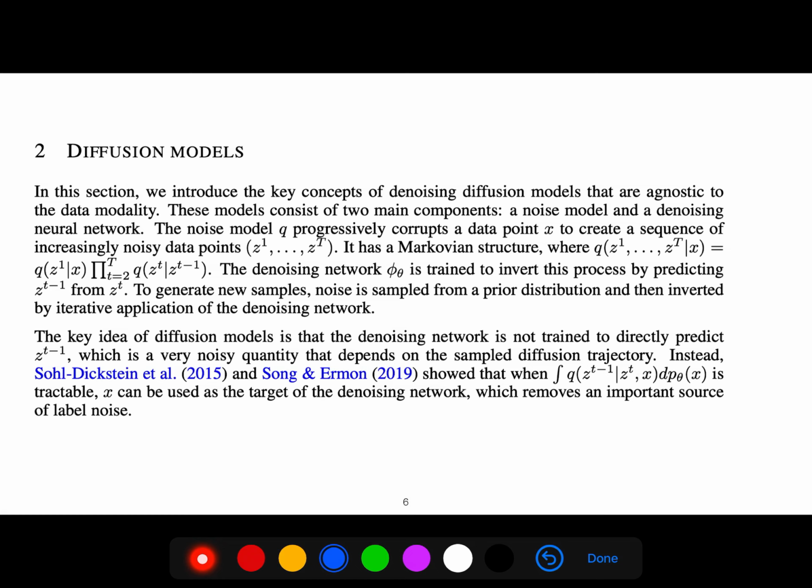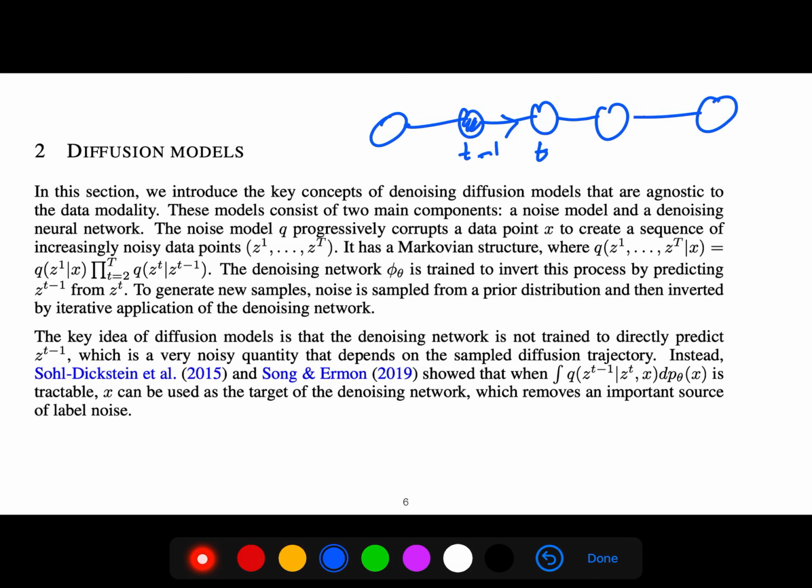And so it's a Markovian. So if this is the Q, at time Z1, Z2, ZT, T minus 1, this forward transition is Markovian.